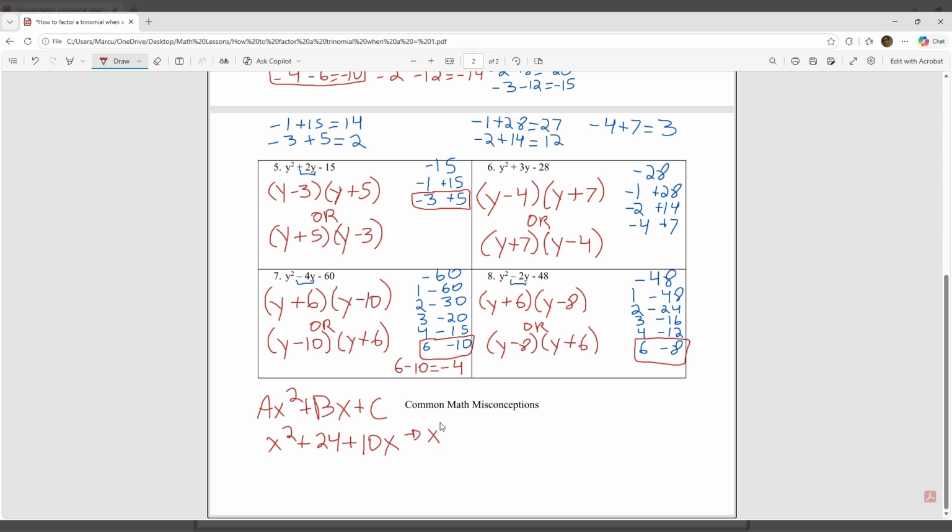So you're going to have x squared plus 10x plus 24. And then similar to what we did on question 1, you list the factors of 24, and then you can go ahead and factor, and you'll get something like this. x plus 4, x plus 6.